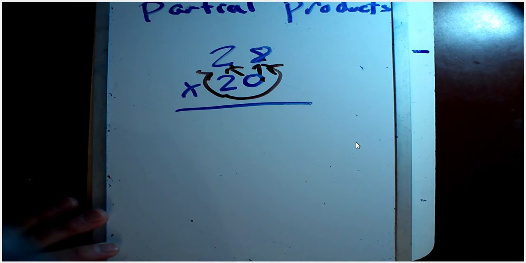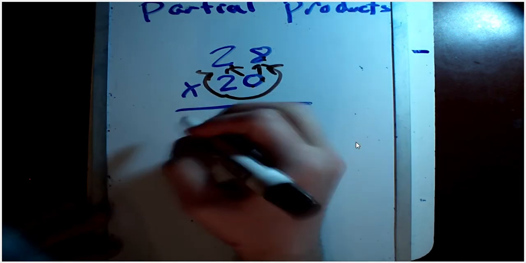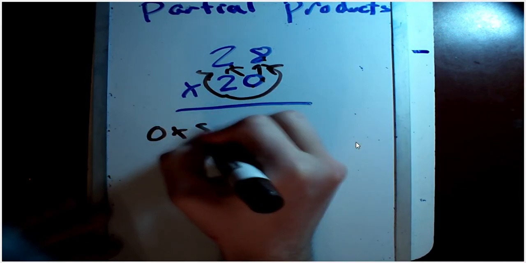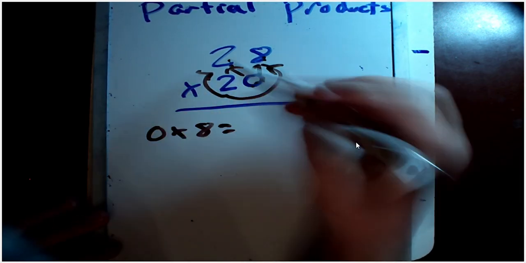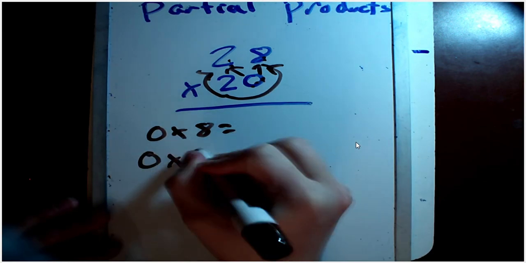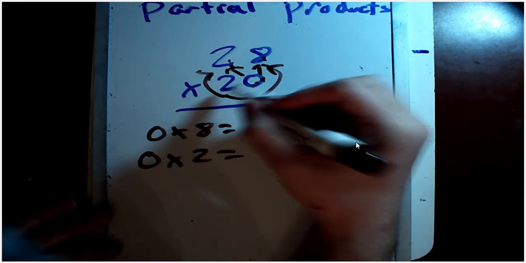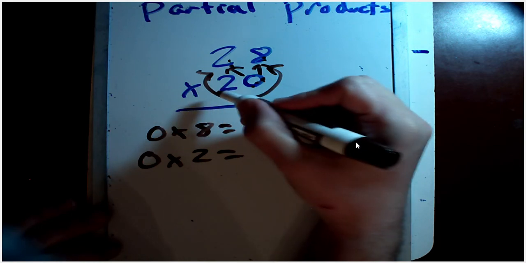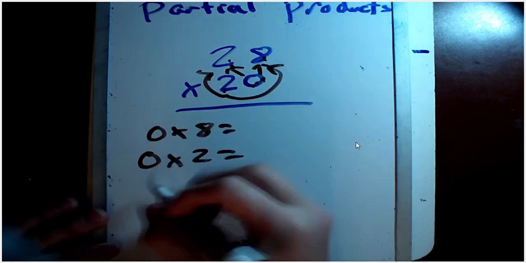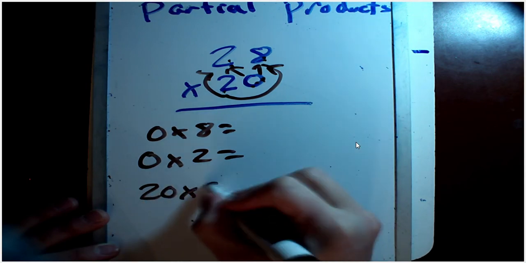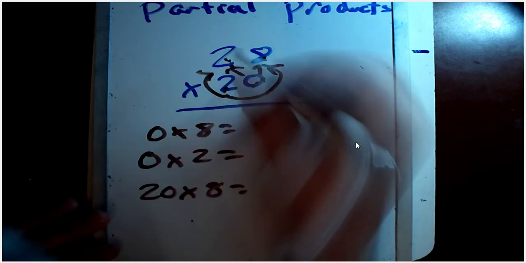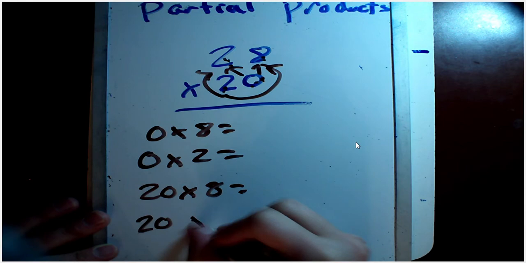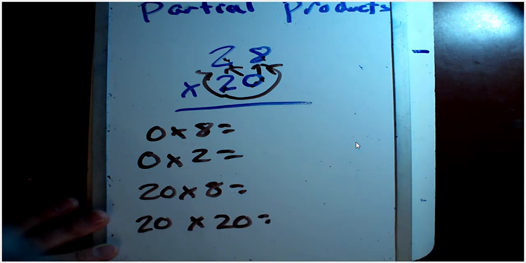It looks a little confusing with those arrows, but let's look at it step by step. 0 times 8, 0 times 2. Now remember, this isn't a 2. This is a 2 tens. 2 tens is 20. 20 times 8. 20 times 20.